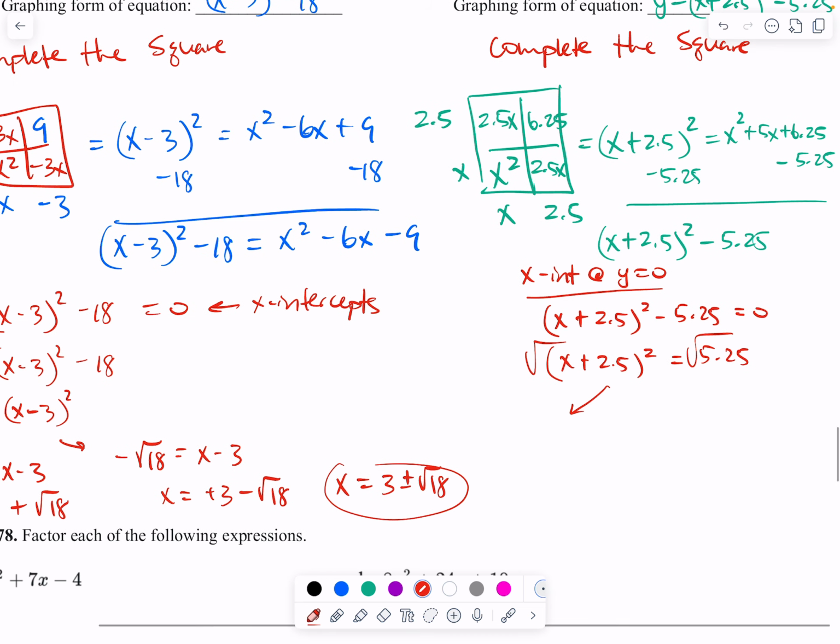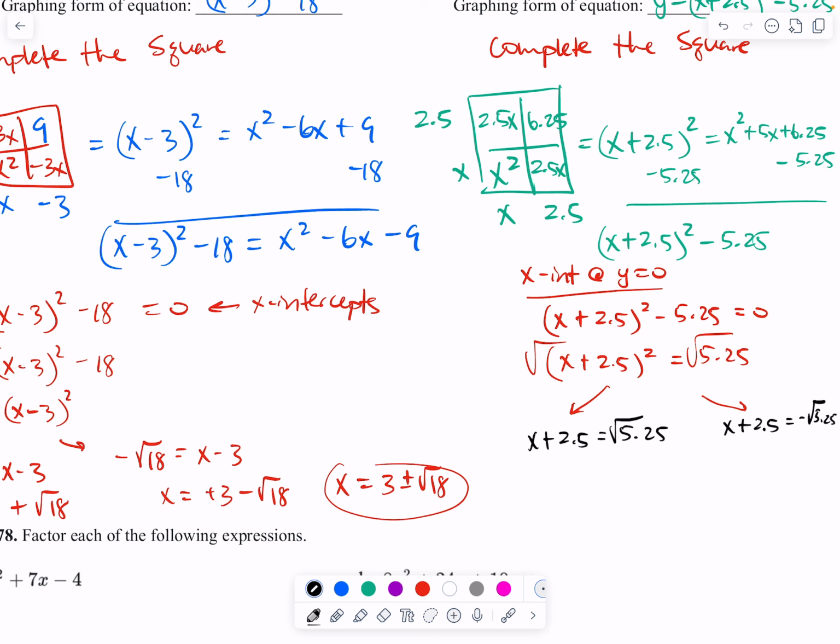This gives me two possibilities. So either x plus 2.5 is equal to the square root of 5.25, or x plus 2.5 is equal to the negative square root of 5.25.